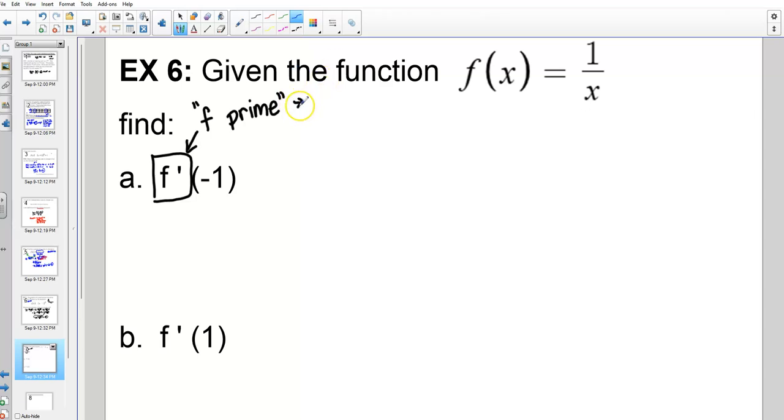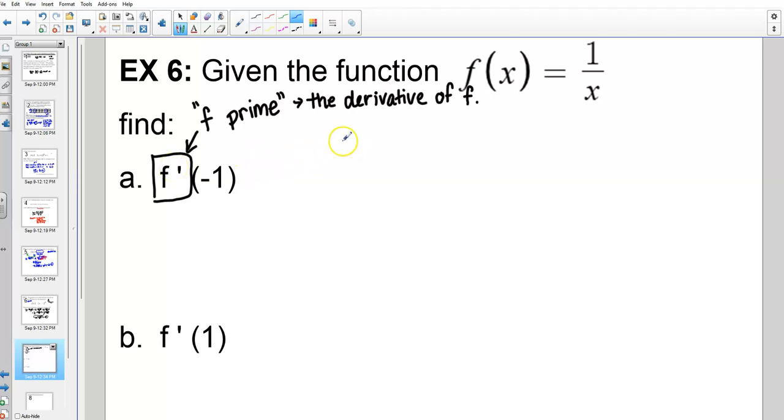And what it means is the derivative of f. Technically the first derivative, but since we've just learned the word derivative today, you definitely don't know about second derivatives yet. But it means you're just taking the rate of change one time. So we read that as f prime. It means the derivative of f. So this is asking us for the derivative of f at -1.